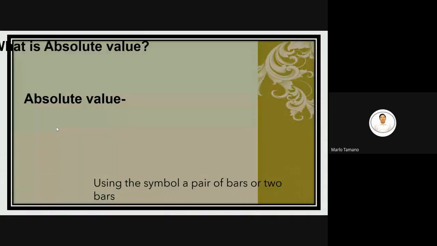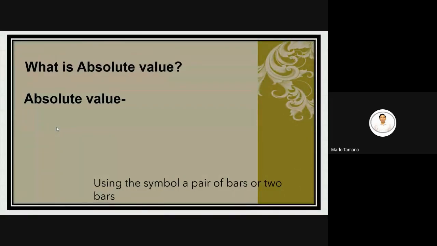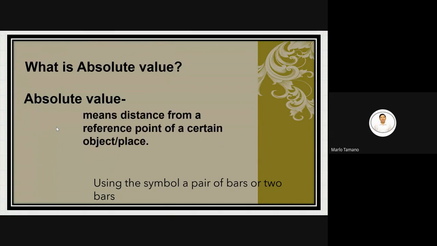What is absolute value? Absolute value means distance from a reference point of a certain object or place. So sinabi dyan, the distance from a reference point of a certain object or place. A while ago, our reference point is the school.